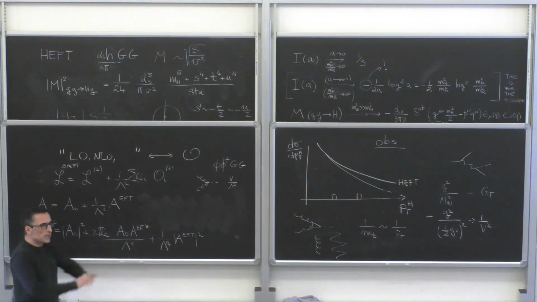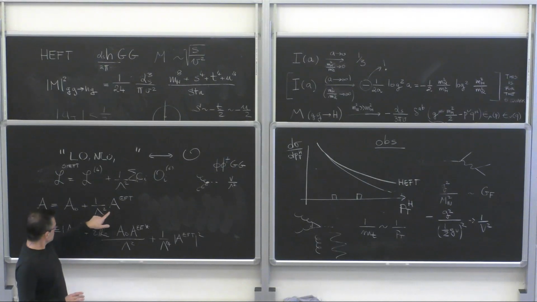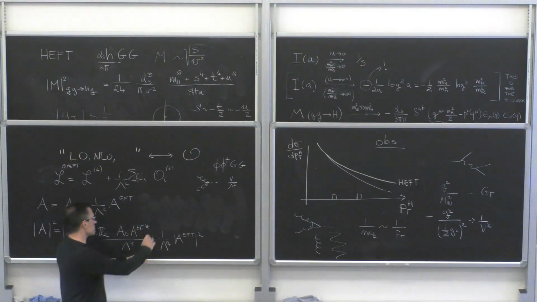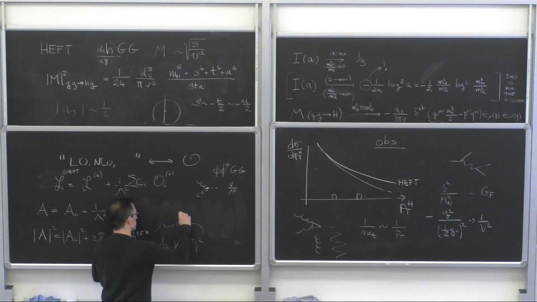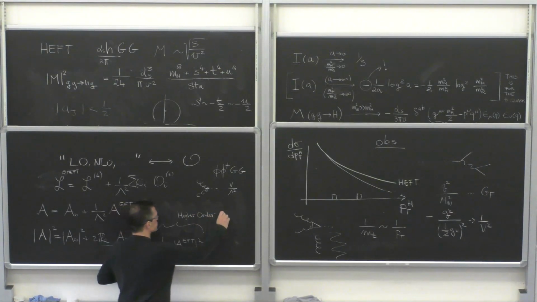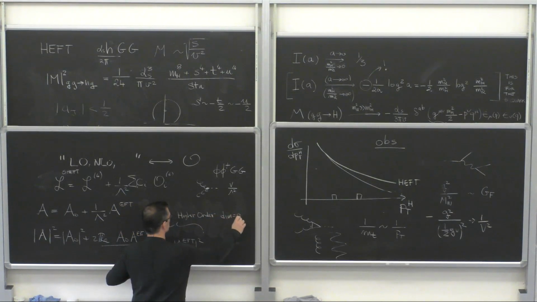Now, technically, in this effective field theory, we only control the theory up to power of 1 over lambda squared. So this is higher order, because it's a dimension 8 term.